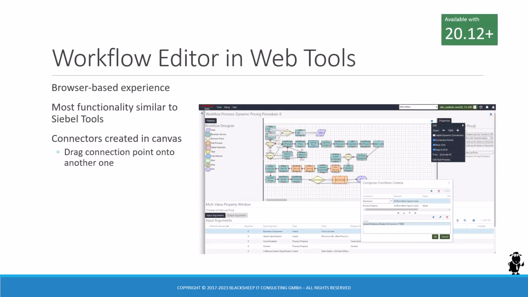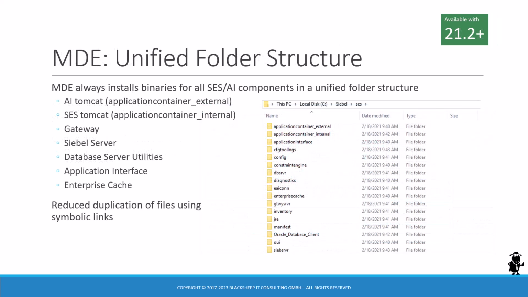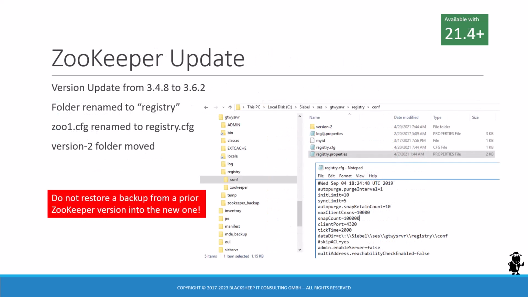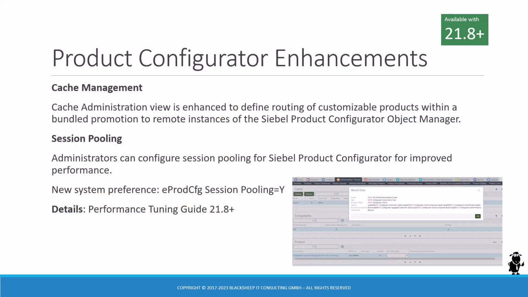For example, Web Tools has changed a lot, so your developers might be up for some new features, including the workflow editor. The application folder structure, the whole application topology has changed in 21.2 with the new MDE, which we are going to use. You get a new Zookeeper, not 3.6, actually 3.8, included in this update.